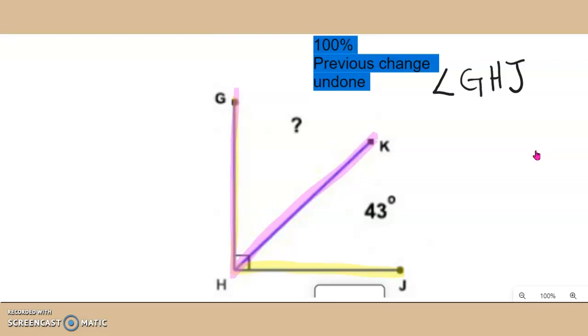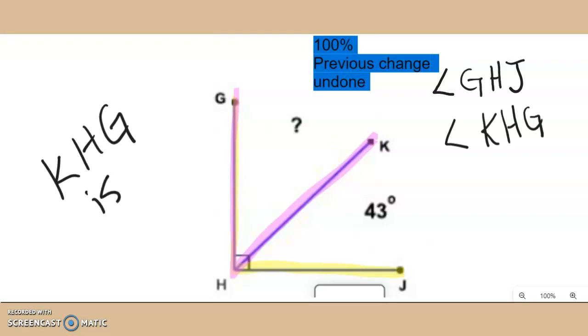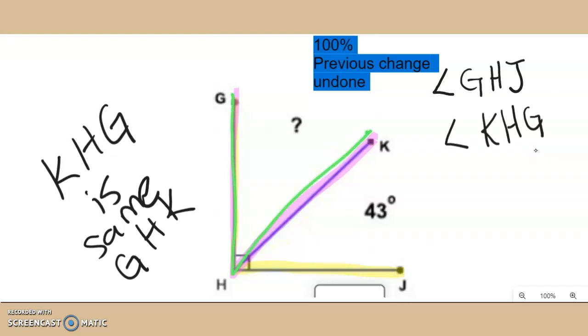Because you could say, what is the angle of K, H, G? That's also the same as G, H, K. It's just backwards. They're the same angle.